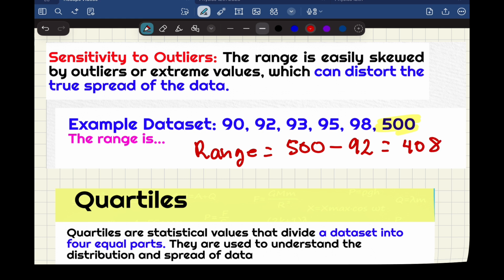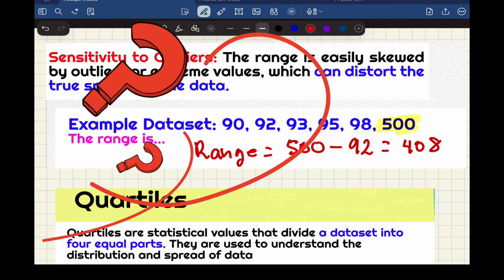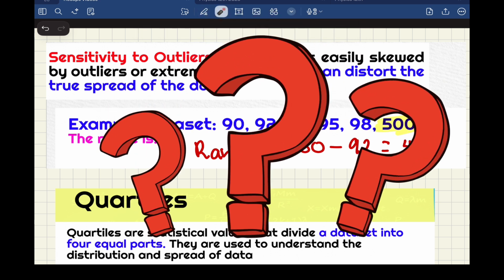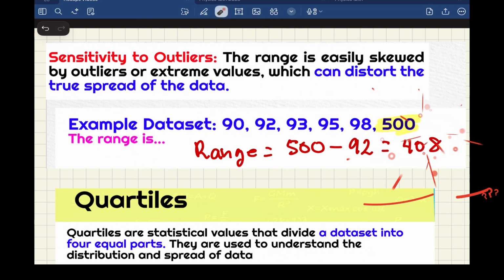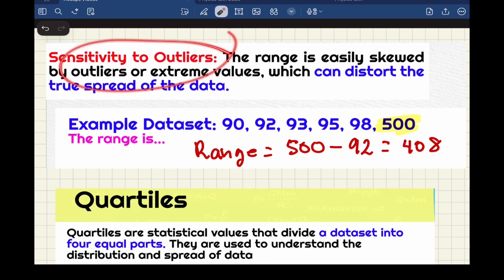Okay, 408. What is the problem with these 408? Well, the problem is that the range has been modified by a lot. Basically, an outlier distorts the range, modifies the range by a lot, so it is sensitive to outliers. So this is a problem.